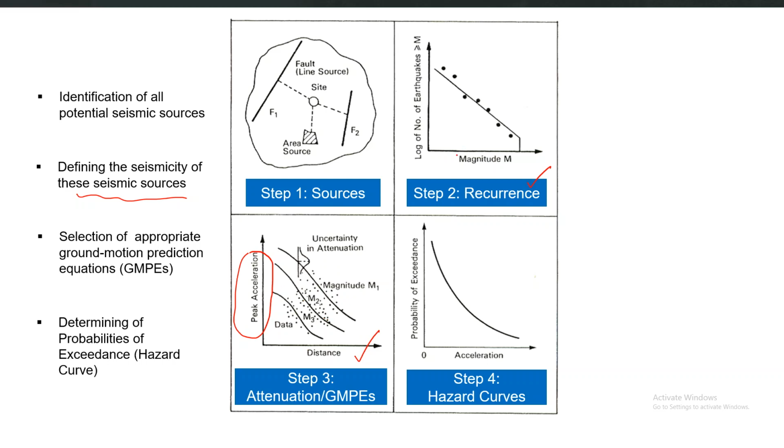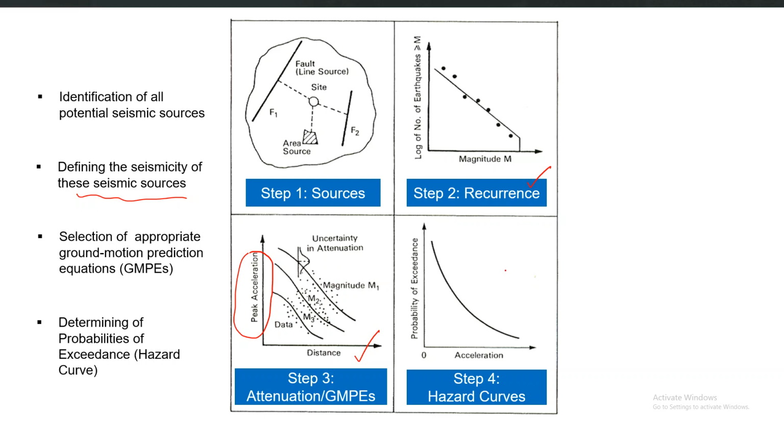They are primarily based on the actual recorded data for past earthquakes. So based on the statistical analysis of the past data, different researchers have proposed these relationships for different seismotectonic environments, and we can select an appropriate GMPE and use it for our site.